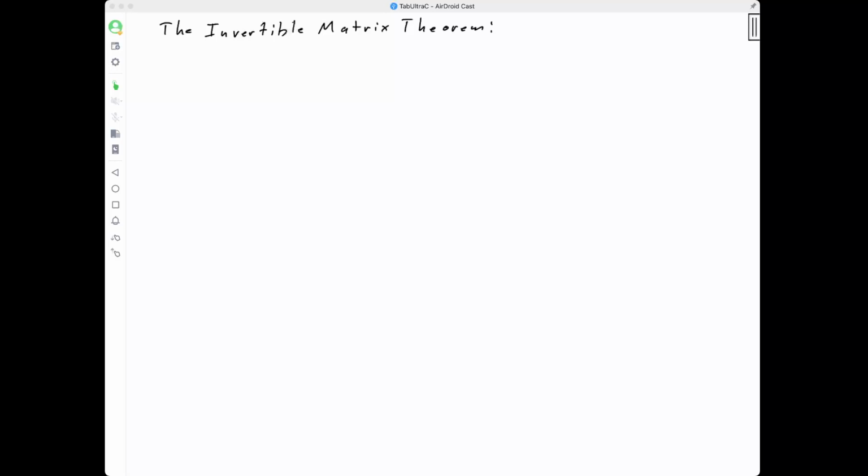So with the invertible matrix theorem, we start out with: let A be a matrix, and it's going to be a square matrix, so let A be an n by n matrix. Then the following are equivalent.